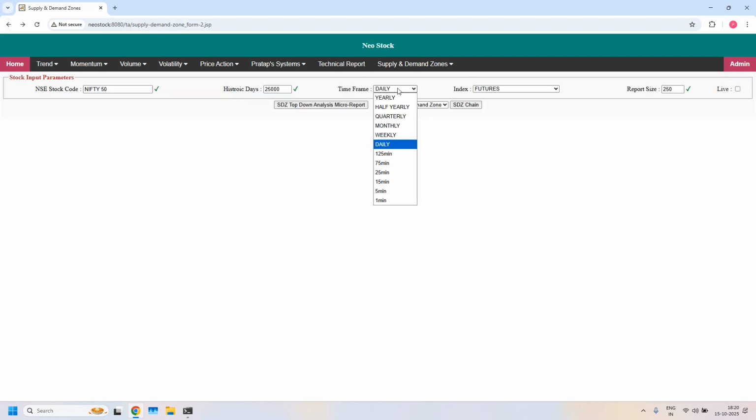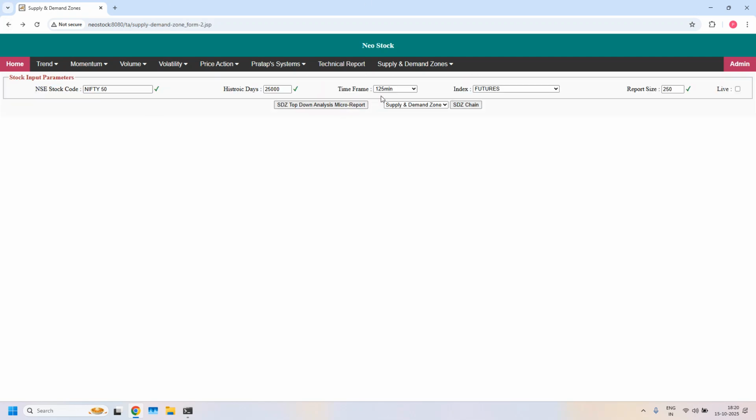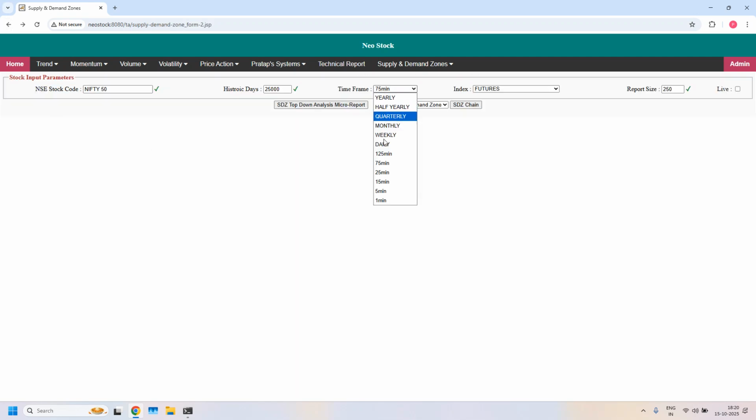Next, generating 125 minutes supply demand zone chain for NIFTY. Next, generating 75 minutes supply demand zone chain for NIFTY. Next, generating 25 minutes supply demand zone chain for NIFTY.